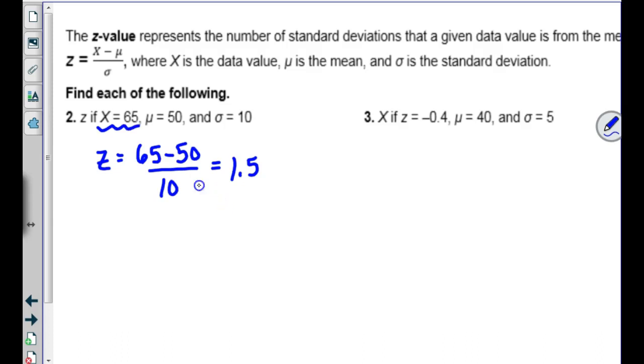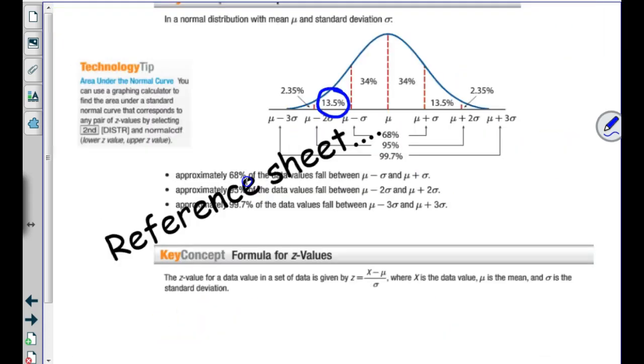So we're at a Z-score of 1.5. All that means is we're exactly 1.5 standard deviations above. But is 1.5 on our little chart? Remember this? This was the mean plus a standard deviation right here, or plus 2 standard deviations, but we don't have a mark at 1.5 standard deviations.